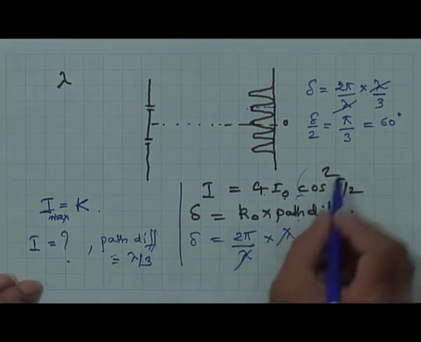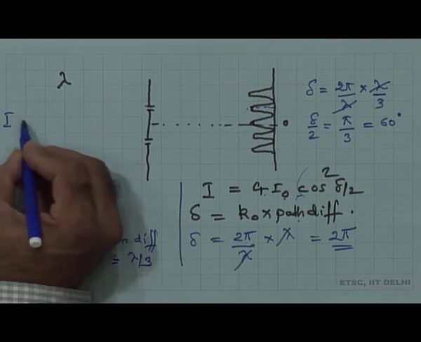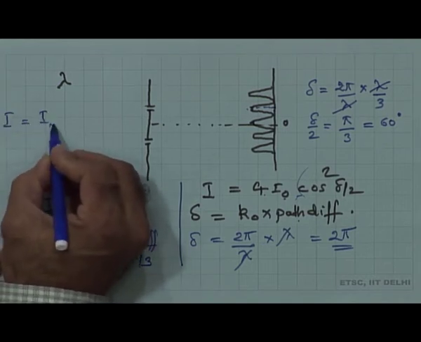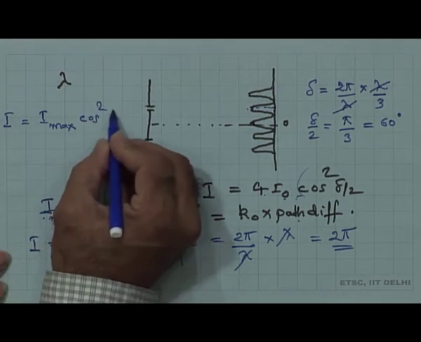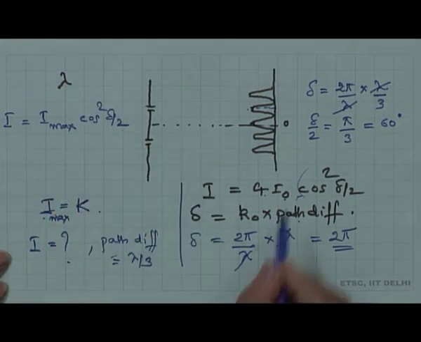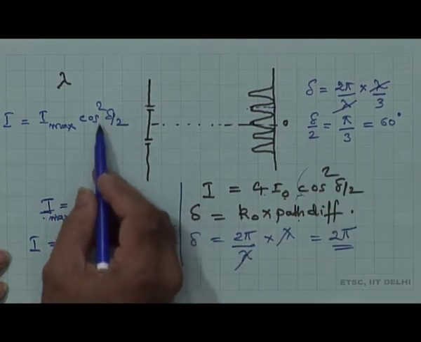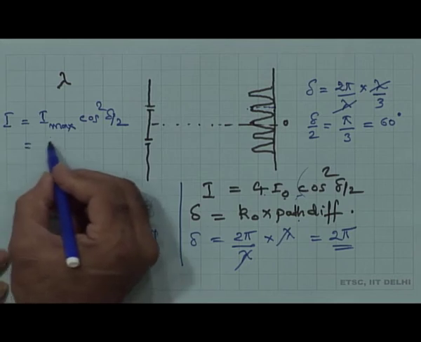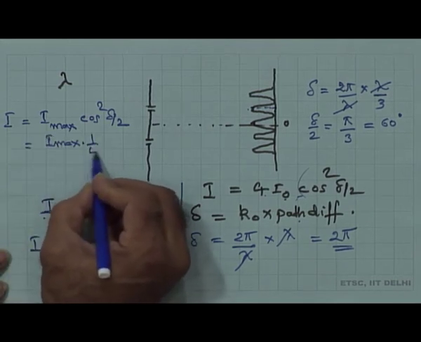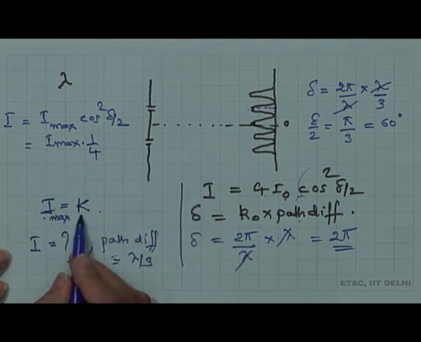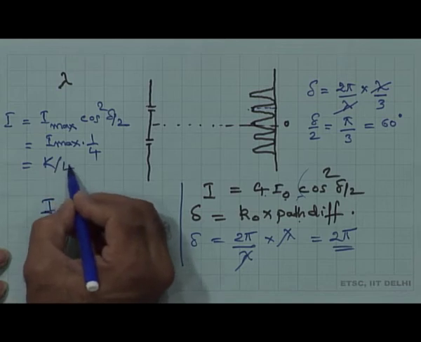So intensity I is equal to I max into cos square delta by 2, which is I max into 1/4. I max is already given to be k, and therefore this is equal to k by 4.